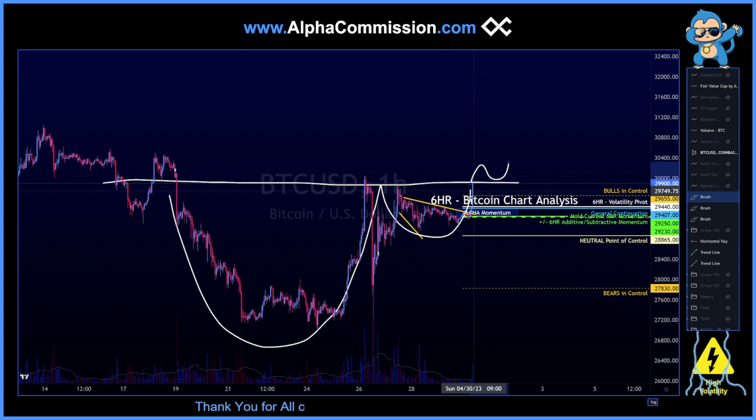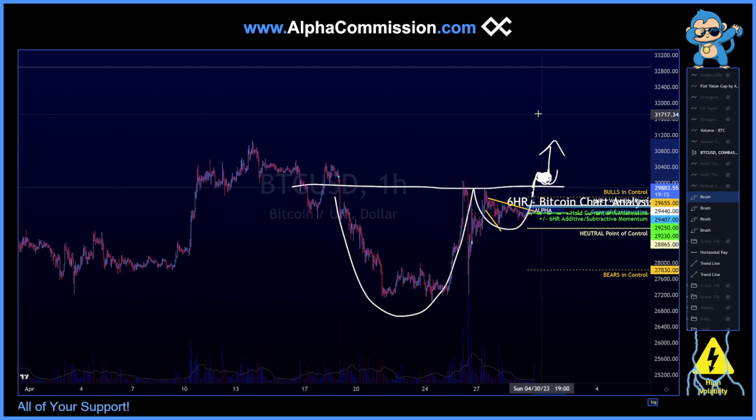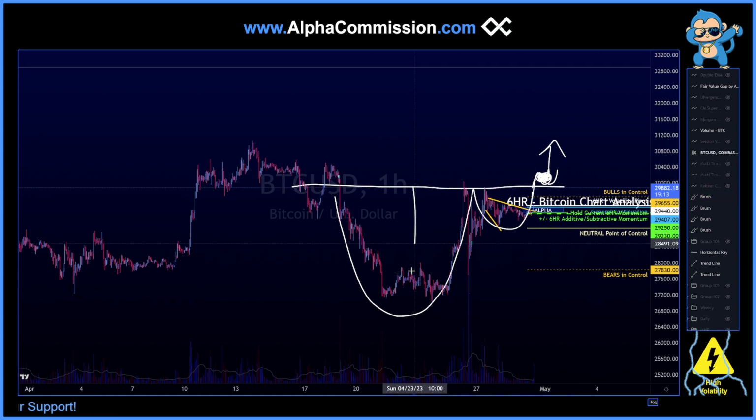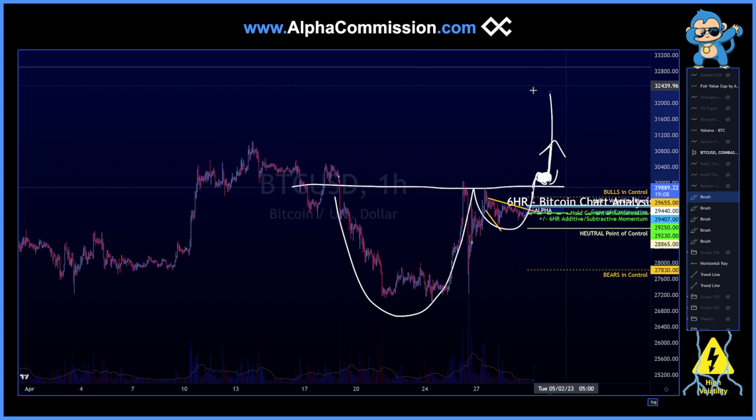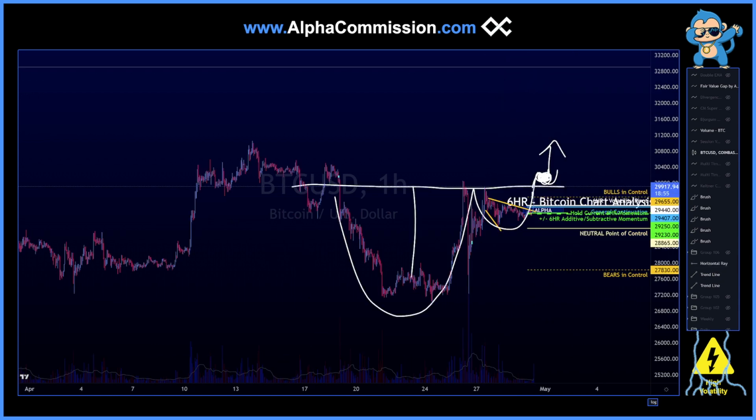We get some nice price action flipping this area, get a couple 4 hour candles closing up there, or just get some chunky price action and then taking off from there, which could lead us to a measured move all the way up to 32,000, where we're probably going to butt our heads into some serious resistance between 32 and $33,000, and then we're going to have to reassess the charts from there.